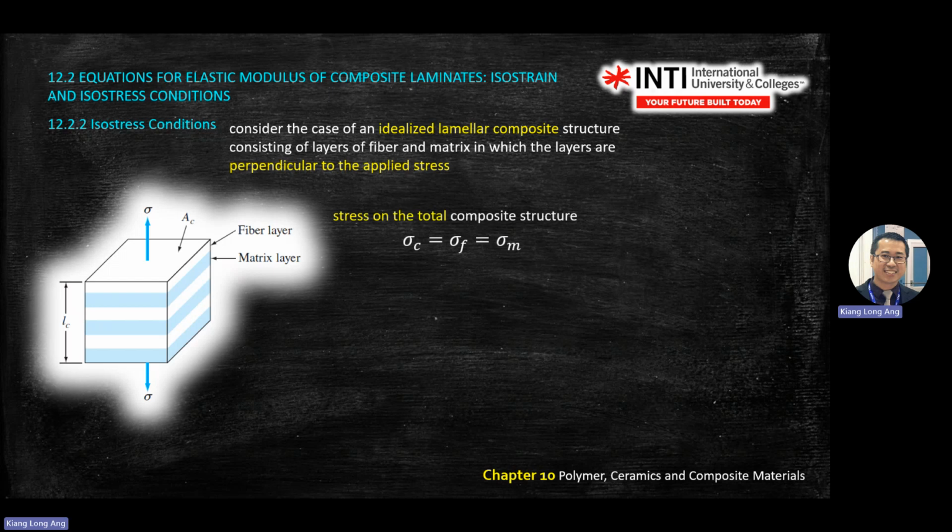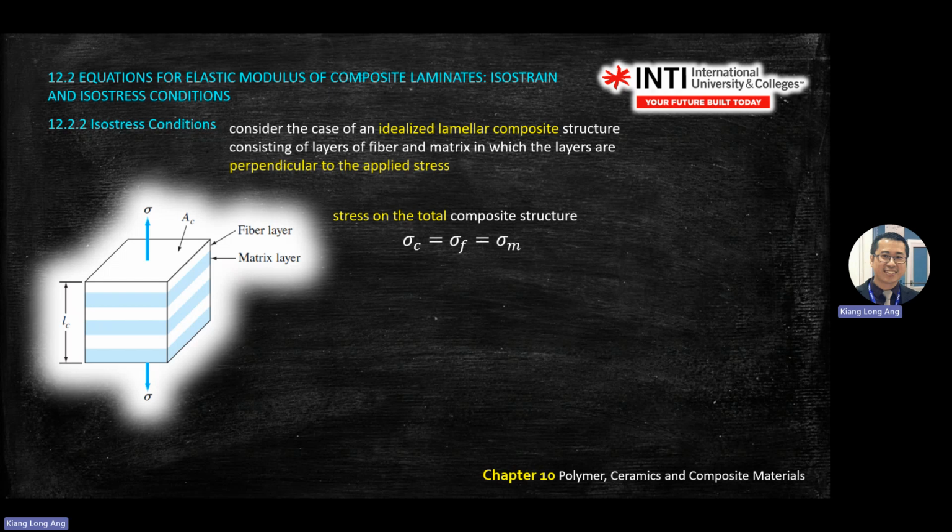So stress on the total composite will be the same. If you pull in this direction, the stress acting on the whole composite will be the same as on fiber, matrix, fiber, matrix, fiber, matrix. The stress experienced by fiber and matrix will be the same. Yeah. So previously it was isostrain. Now we look at isostress.